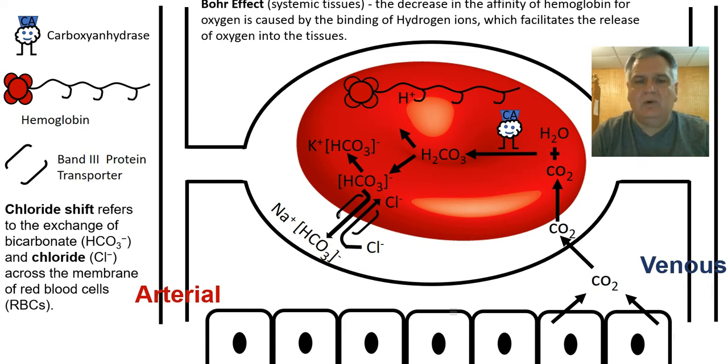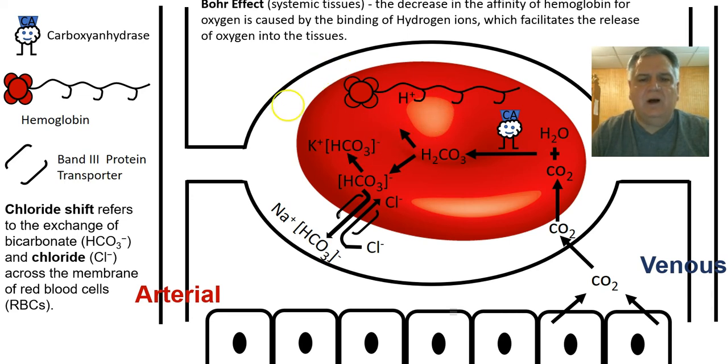So you may recall, whenever we were taking a look at the oxygen hemoglobin dissociation curve, that there were two additional factors other than the concentration of oxygen that affect the delivery of oxygen to the peripheral tissues. One of them was temperature, and we talked about how temperature affects that delivery. The other one was pH. Here we get a chance to see how pH affects oxygen delivery. Because as carbon dioxide enters these cells and carbonic acid is formed, it dissociates to form hydrogen ions and the pH begins to drop.